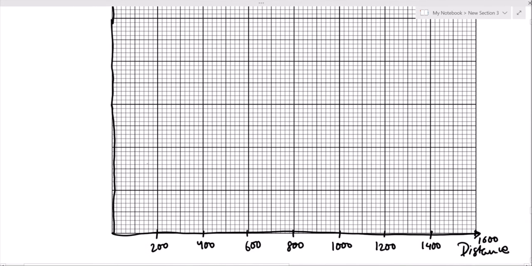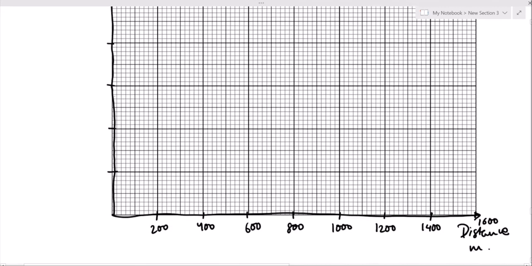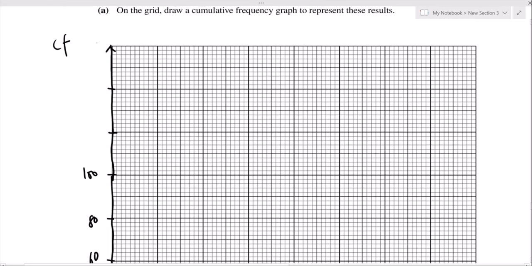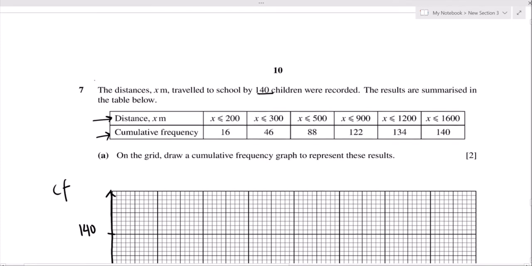If you were to scale it, that's 1, 2, 3, 4, 5, 6, and 7. So this can be 20, 40, 60, 80, 100, 120, and 140. Now we just need to plot the values.